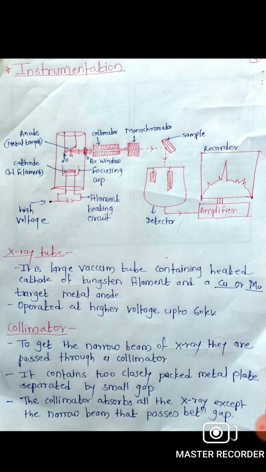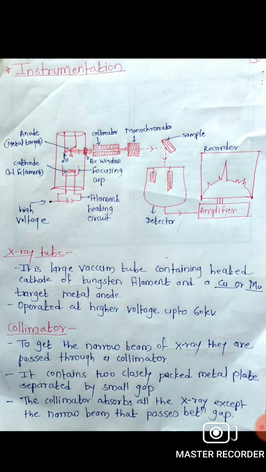This is the X-ray tube. Then here is the collimator next to the X-ray tube. The X-ray tube contains a cathode, then an anode, that is the target metal, and a filament for heating. Next to the X-ray tube there is a collimator for absorbing some unusable radiation.